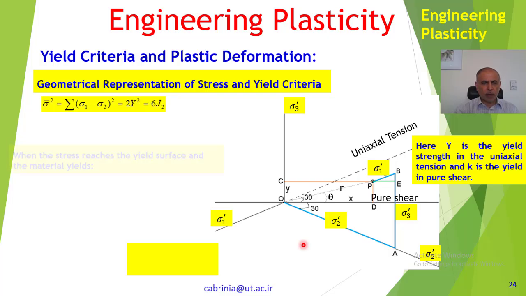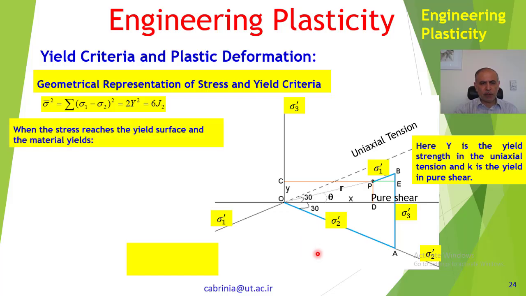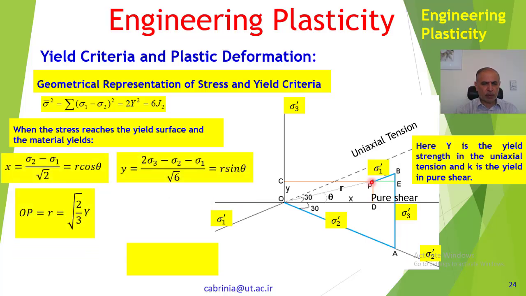So here, let's see, when the stress reaches the yield surface and the material yields, it means that if OP increases such that it reaches the yield surface, we are supposing that here is not the yield point yet, but if it increases such that it reaches the yield point, then supposing that is the yield point, then we had x and y from previous slide. Here we say that OP is equal to r and is equal to root 2 over 3 Y.